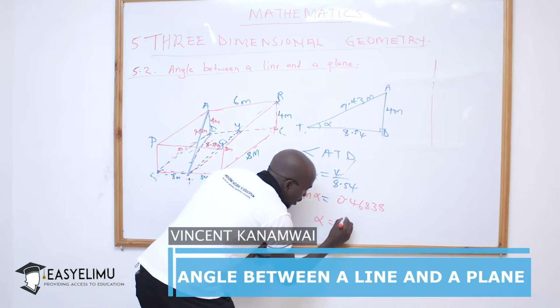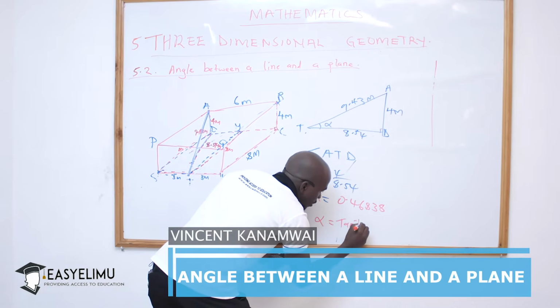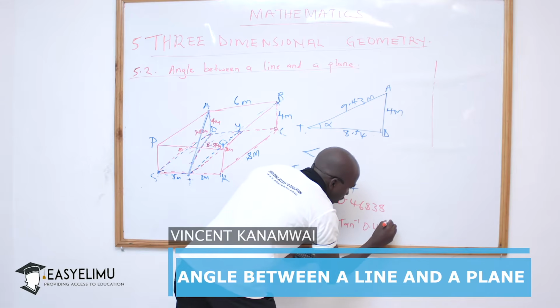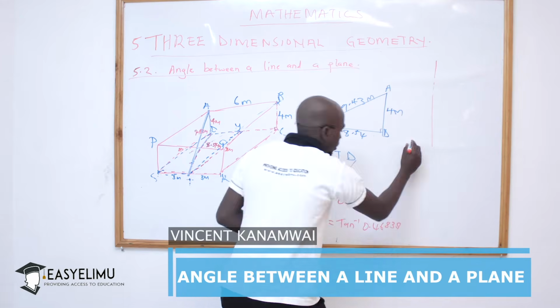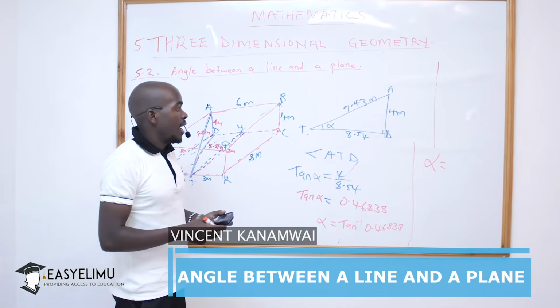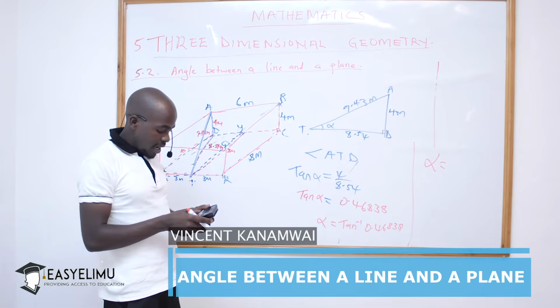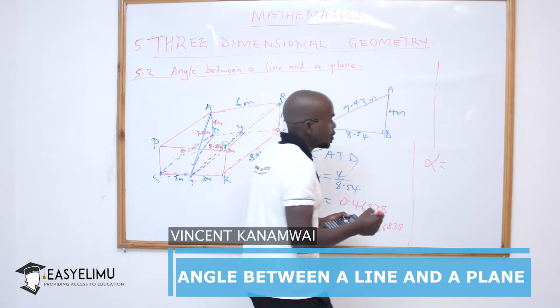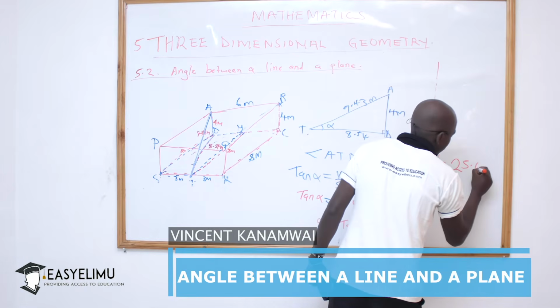So alpha is the tan inverse of 0.46838, and this gives the angle ATD as 25.09 degrees.